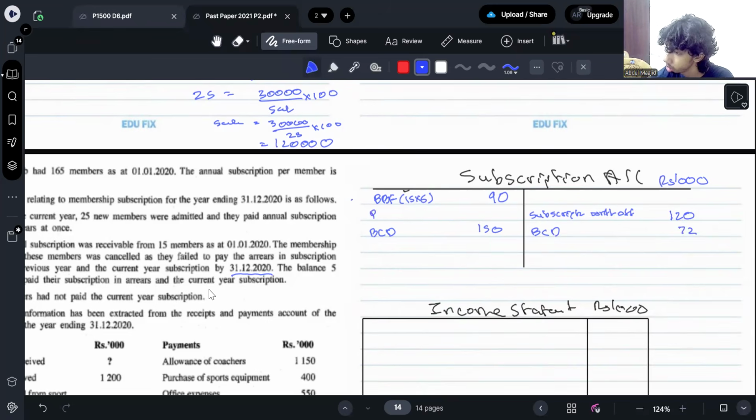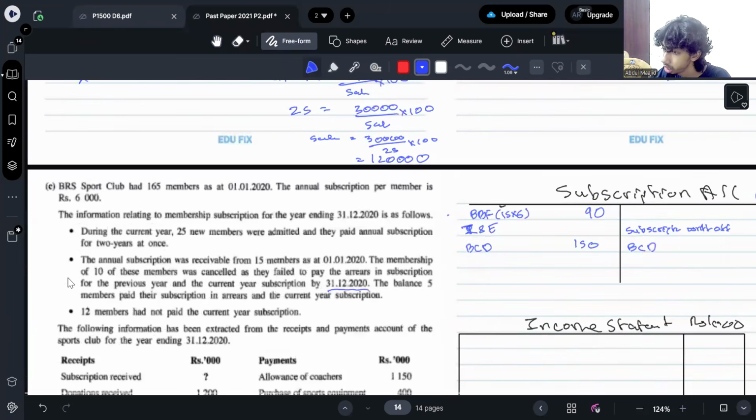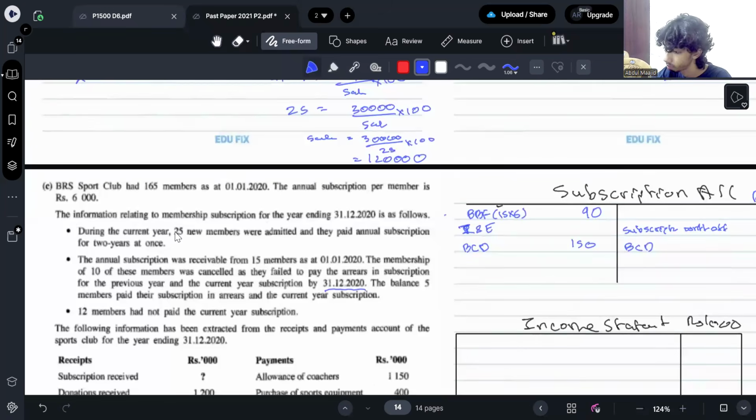Now the subscription amount for the year, for the income and expenditure statement. How many members were there for the year? 165 members as at the opening date. During the current year, 25 members were admitted. So plus 25, 190 members into 6,000, 1,140.